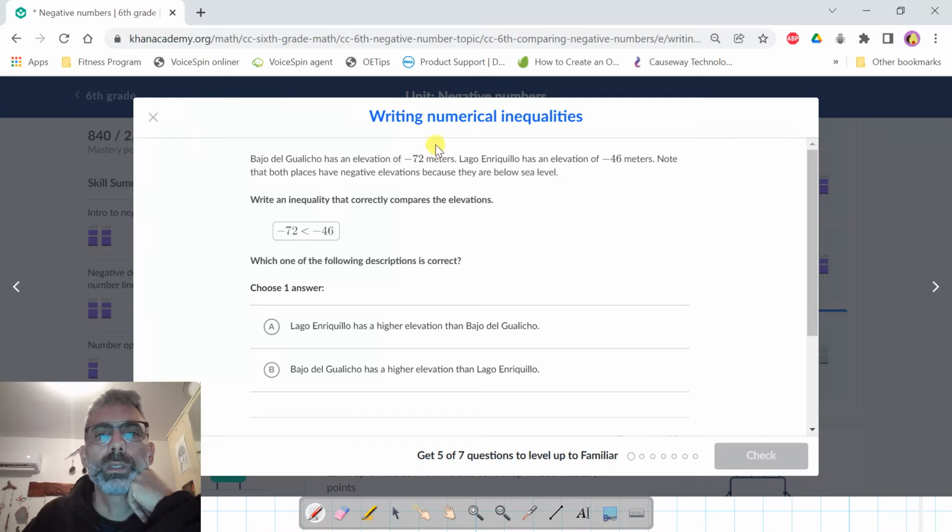It means that negative 72 is at a lower elevation than Lago. So Lago has a higher elevation than that. Bajo del Gualicho has a higher elevation than... this is not correct.